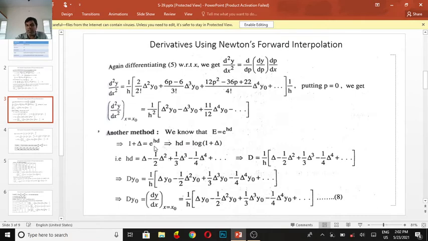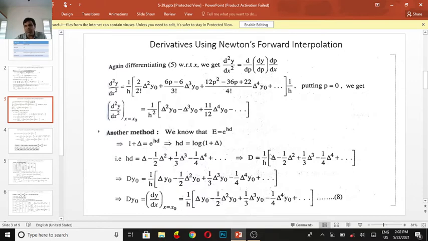In the same way, if we put x equal to Δ, we get hD equal to Δ − 1/2 Δ² + 1/3 Δ³ − 1/4 Δ⁴ + 1/5 Δ⁵ − 1/6 Δ⁶ etc. Here small d is capital D, so set 1/h.